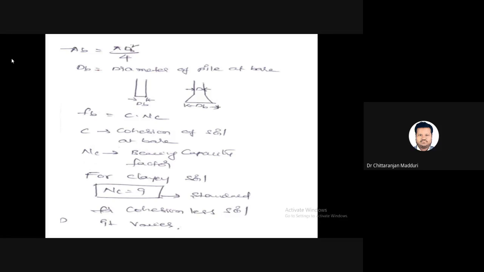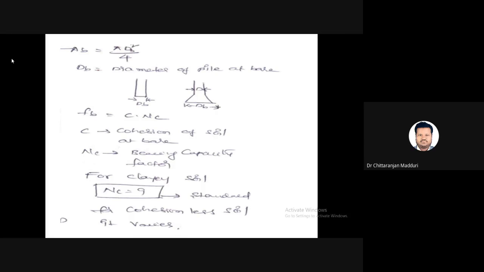The second term is FB, the bearing capacity of the soil at the bottom of the pile. It is given by C into NC, where C is known as the cohesion of the soil at the base. Please remember it is the end bearing resistance, that means the load carried by the bottom of the pile. So we need to consider the diameter of the pile at the bottom, and at the same time the cohesion also at the bottom of the pile.